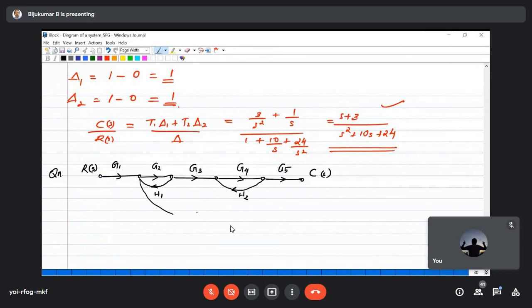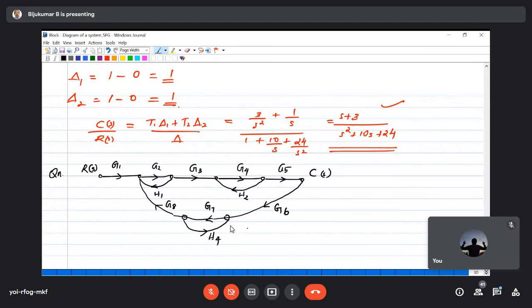One more, eventually here one more branch is there. This is G8, this is G7, this is G6, this is H4.